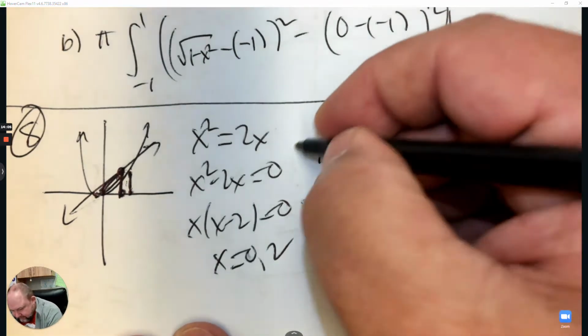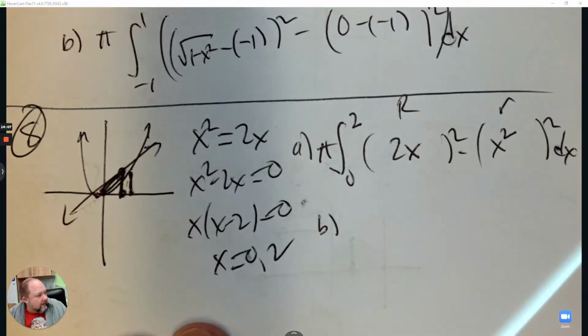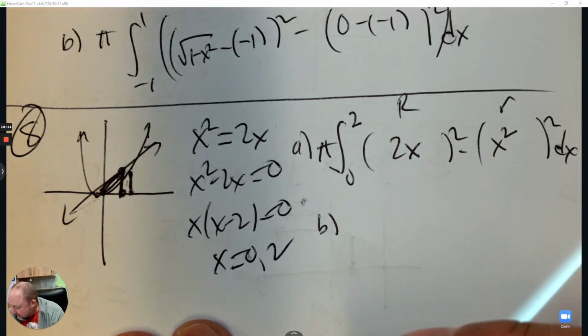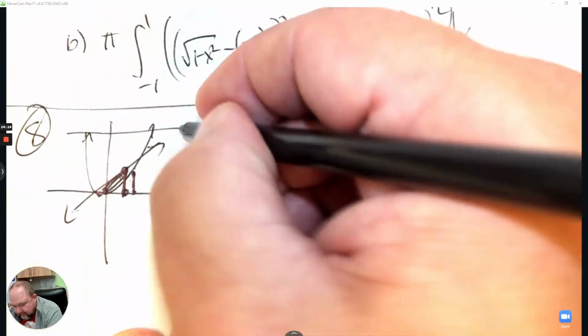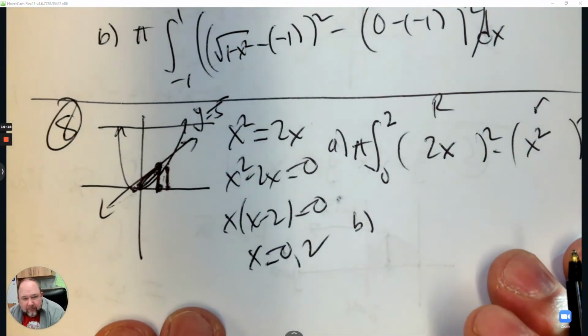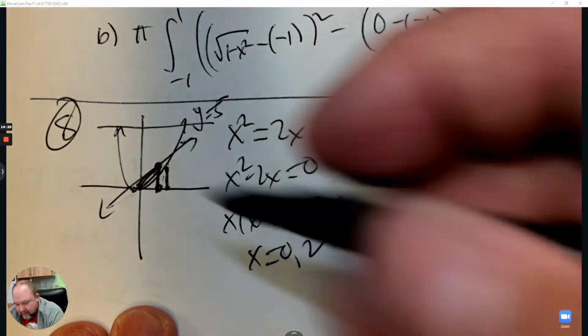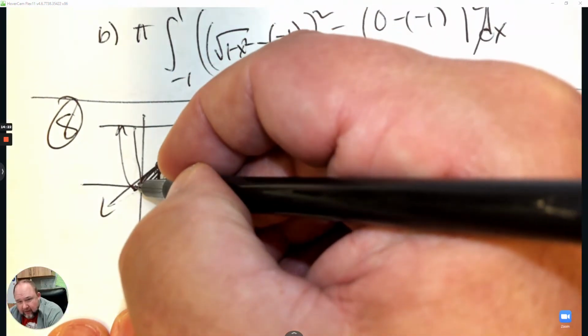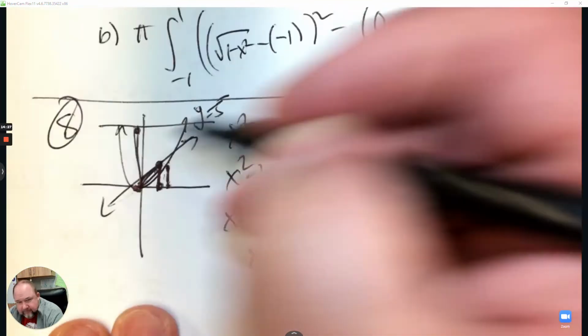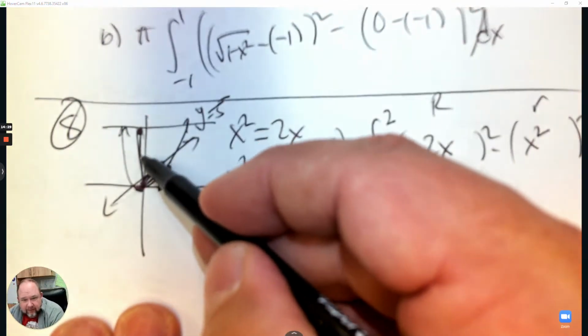B, making sure we're okay. B says, how about the line y equals 5? So that's up here somewhere. So now I need a new representation of what the big radius is. So if I start here all the way through to the bottom of it, the top to the bottom, that's the big radius to the bottom.